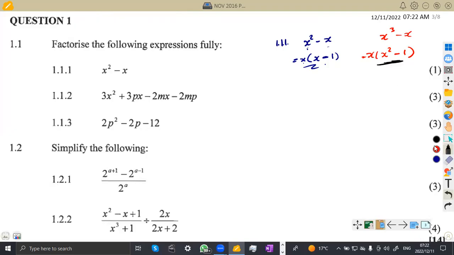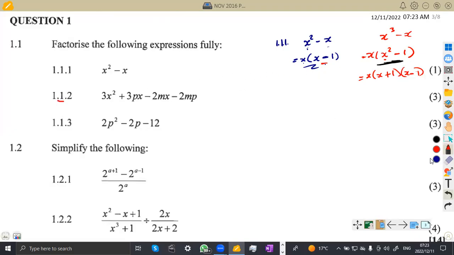So there we are supposed to factorize again, applying the difference of 2 squares concept, where the square root of x squared is x, and the square root of 1 is 1. One bracket is going to add, another one is going to subtract. But on this one, it's actually done. There's nothing that we can do on that part.